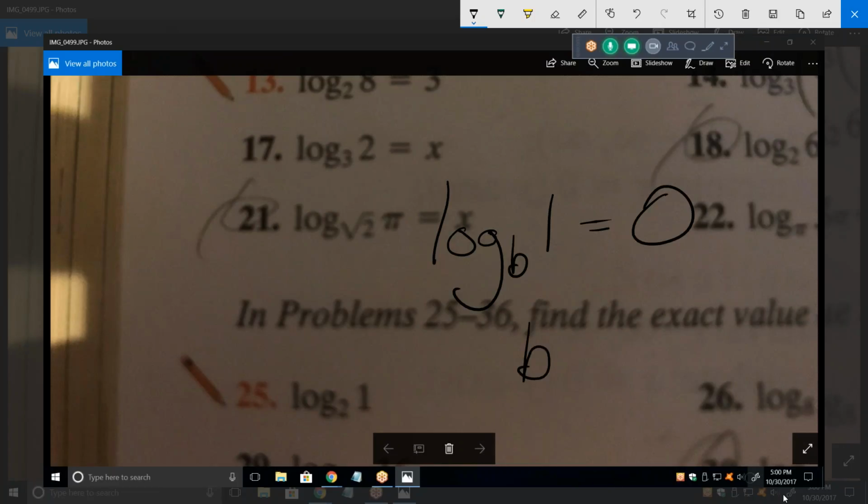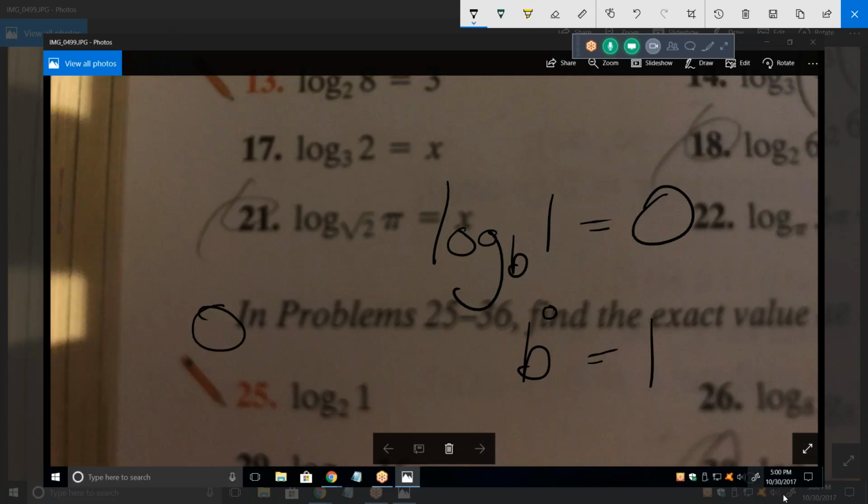It's because b to the 0 power is always equal to 1 no matter what b is. So is that then 2 to the power of 0 equals 1, so the exact value is 1? Uh-huh. Because anything to the power of 0 is equal to 1.